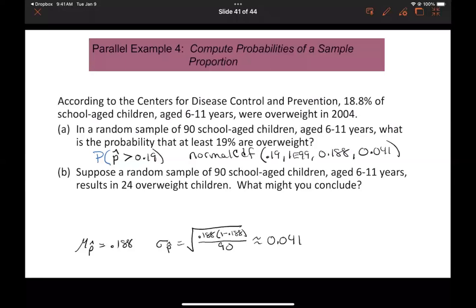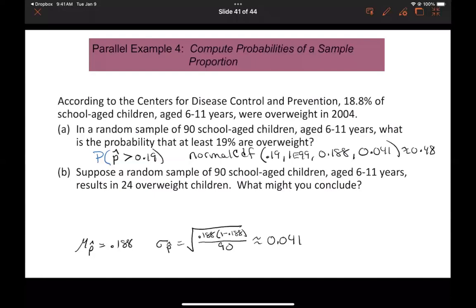Use your normal CDF and see what you get. I got approximately 0.48.